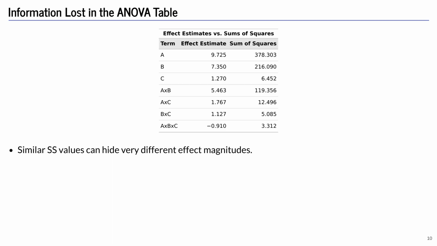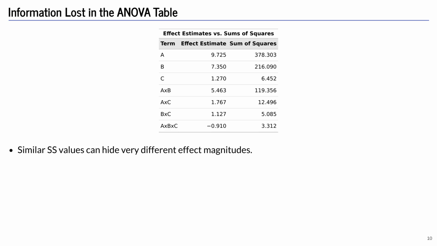But consider the AC interaction, effect of 1.77, sum of squares 12.5, and the AB interaction, effect of 5.46, sum of squares 119. Those 2 effects differ by a factor of 3, but if you were only scanning the SS column for patterns, you might not appreciate how different they really are.